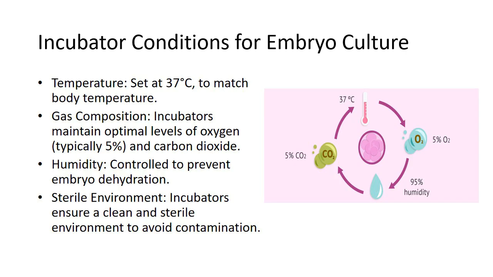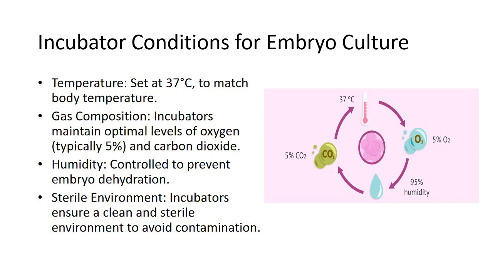Embryos are cultured in incubators that simulate the human reproductive environment. These incubators are controlled for temperature, humidity, and gas composition. The temperature is usually maintained at 37 degrees Celsius, body temperature, and oxygen levels are carefully controlled to avoid stress on the embryos.